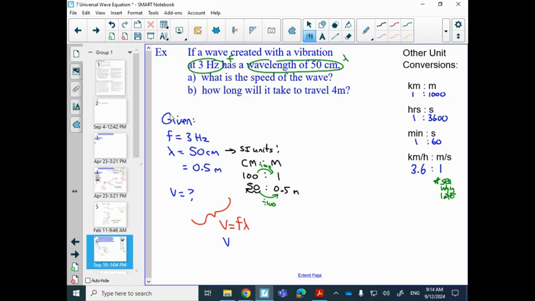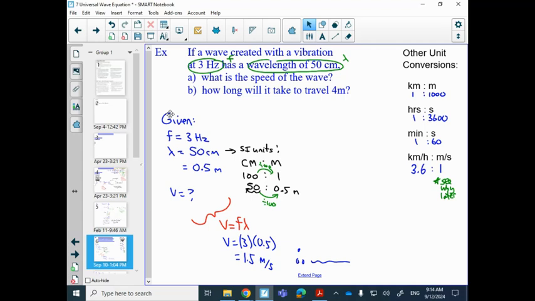This one's set up nicely to be an evaluate situation, not a solve situation. So your 3 times your 0.5, and half of 3 is 1.5. So you have 1.5 meters per second as the speed of the wave. The speed of the wave is 1.5 meters per second.